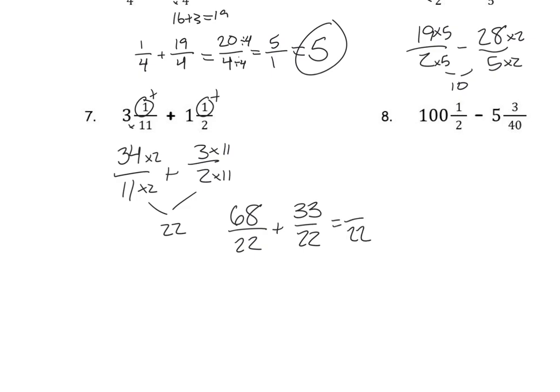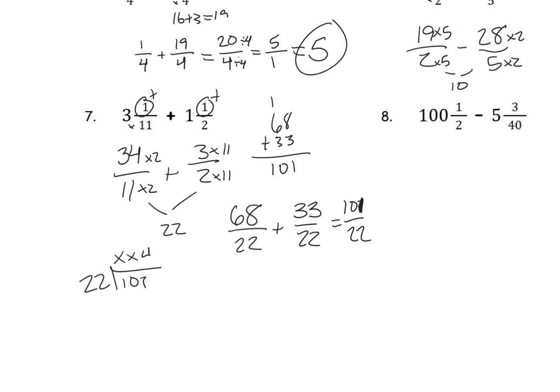I'm going to have 22 on the bottom here. 68 plus 33. 8 plus 3, 11. 6 plus 3 is 9, plus 1 is 10. So we get 101 over 22. To make this a mixed number, we can convert it quick. 22 does not go into 1 or 10. 22 goes in, let's see, so 22, 44, 66, 88.